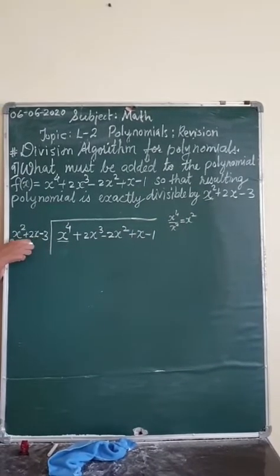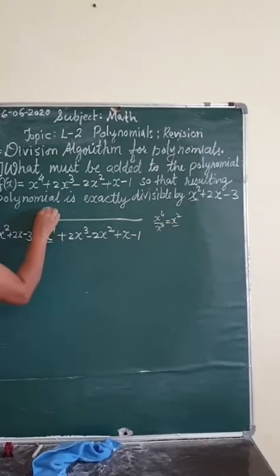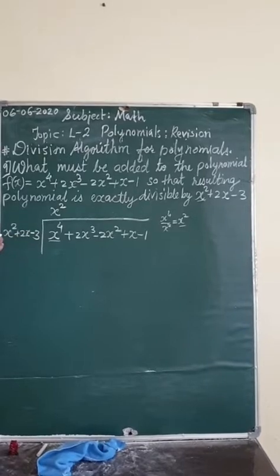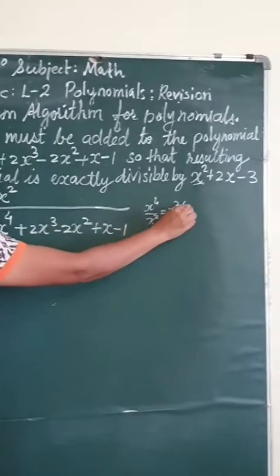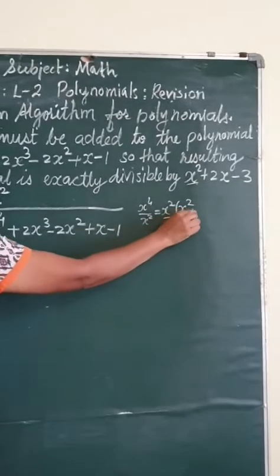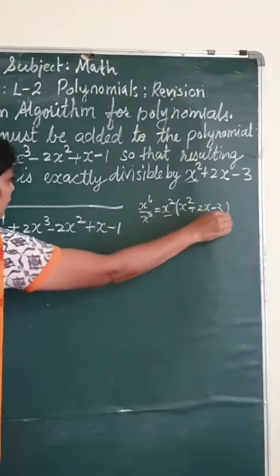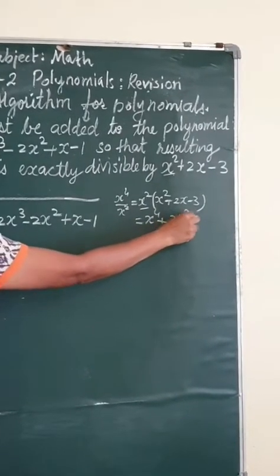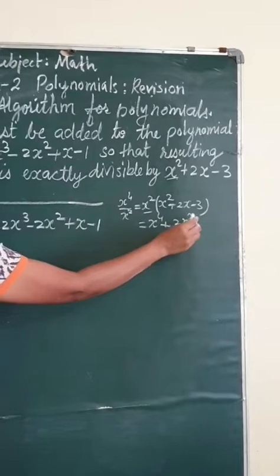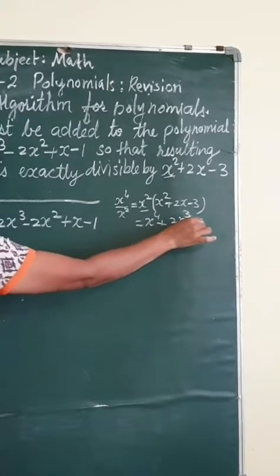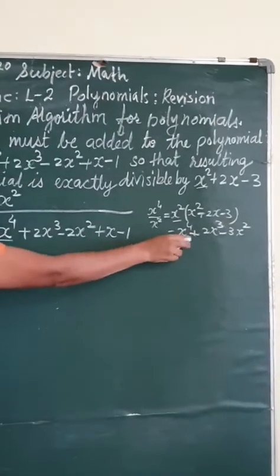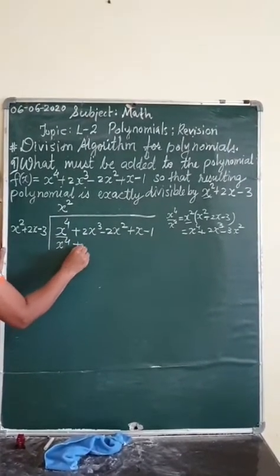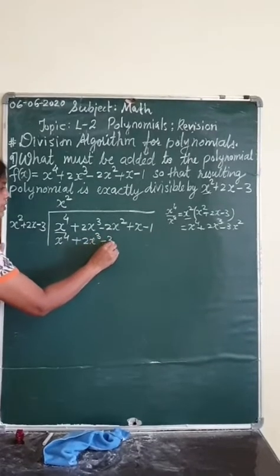Now, if you are multiplying this x square, which is in the quotient place, with the whole divisor polynomial, what do we get? We get x raised to 4 plus 2x cube minus 3x square.